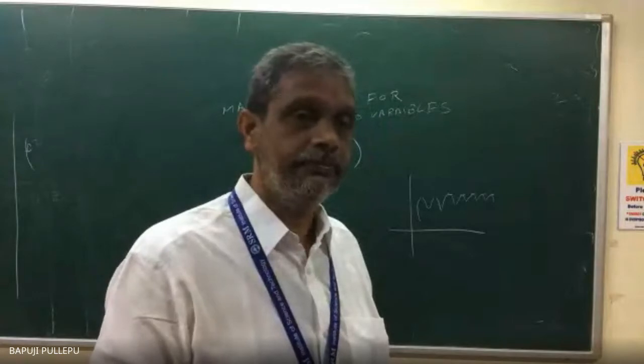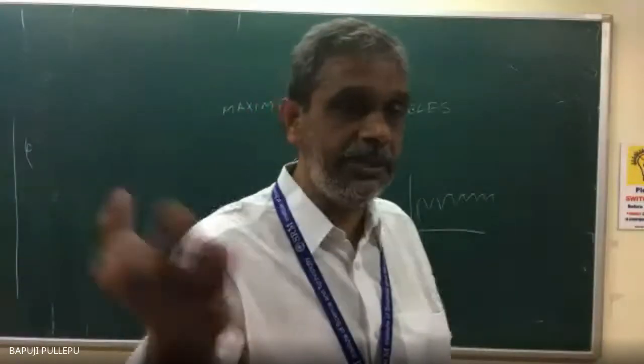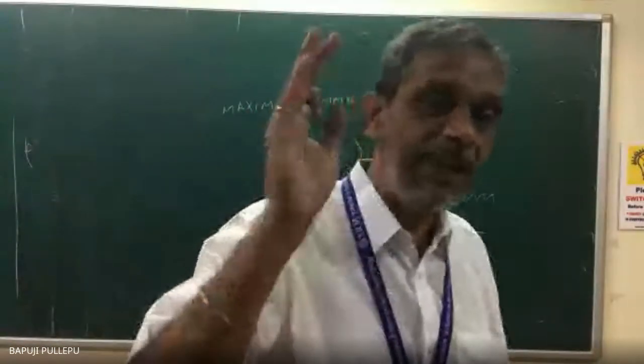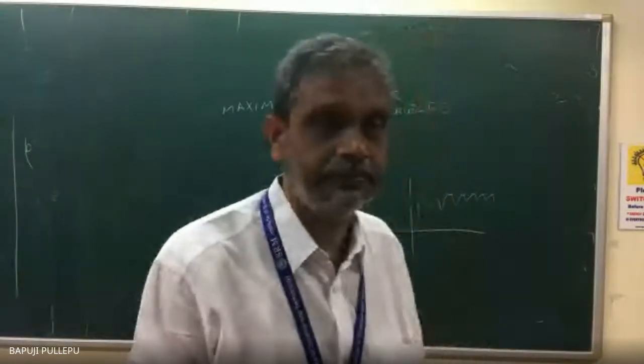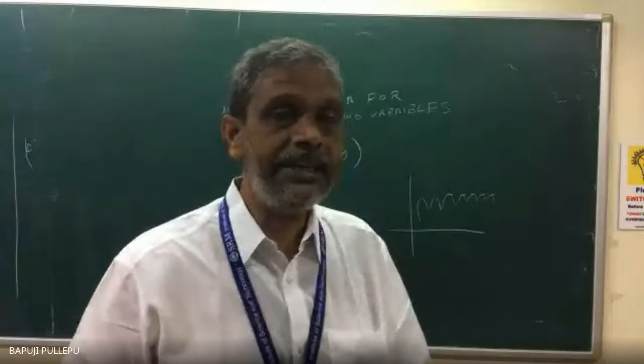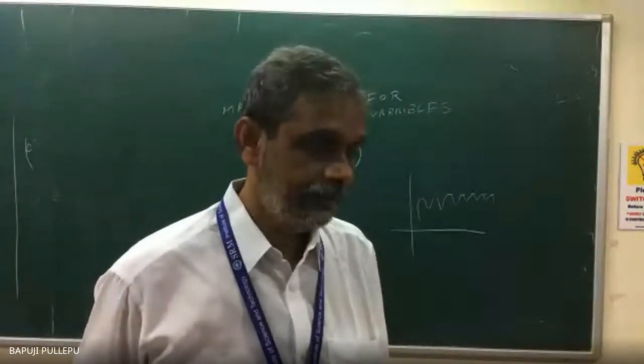Reaching or not? Any confusion? No, sir. So I may attain it in many places, but there is only one maximum value and only one minimum value. Correct? Got it, sir. Yes, sir.